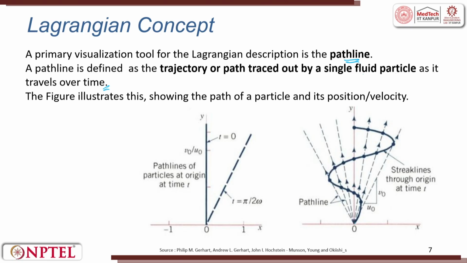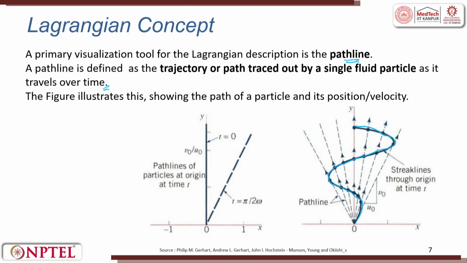So, you see here, this is a particle which is traveling with respect to time. Trajectory means the path traced out by a single fluid particle at various time intervals.